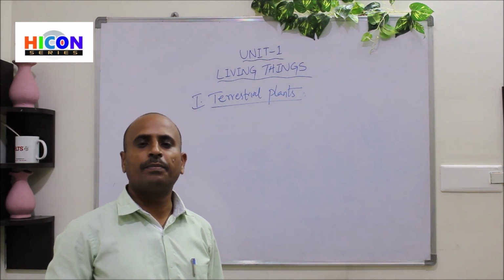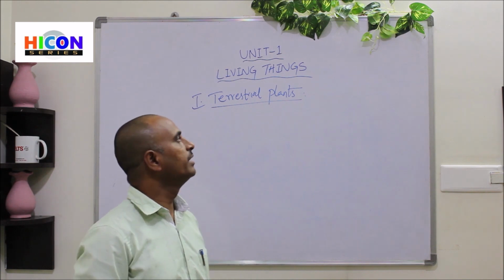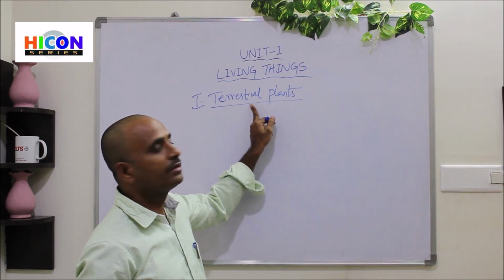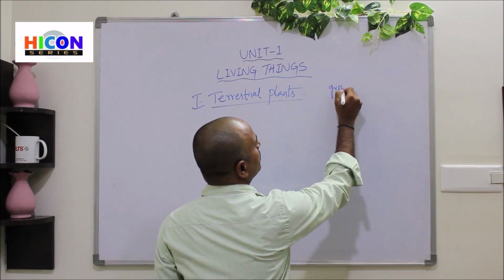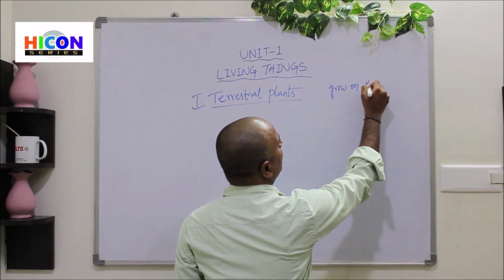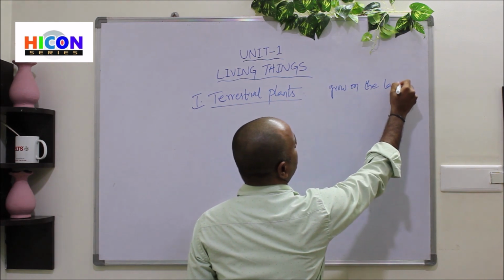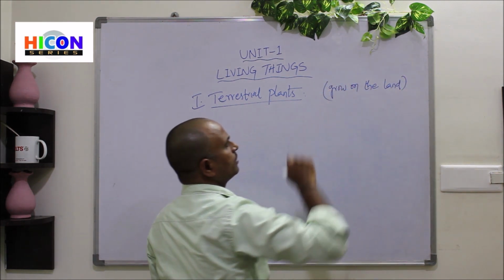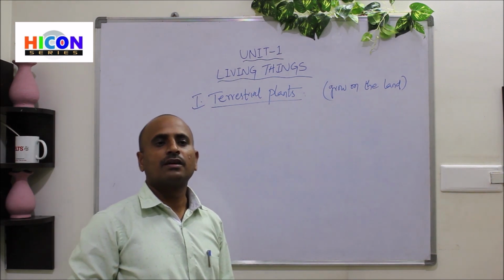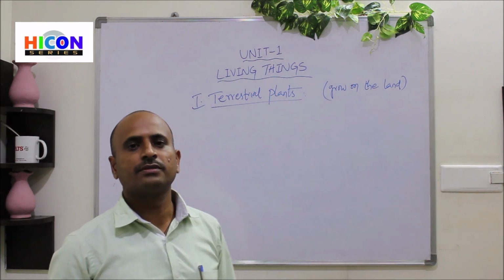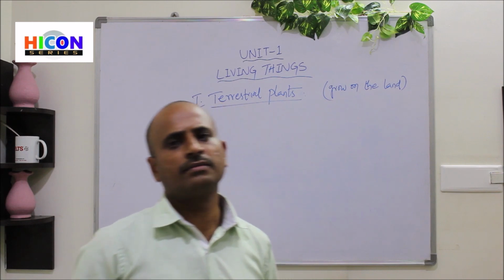So the plants which grow on the land are called terrestrial plants. These terrestrial plants include grasses, shrubs, herbs, etc.